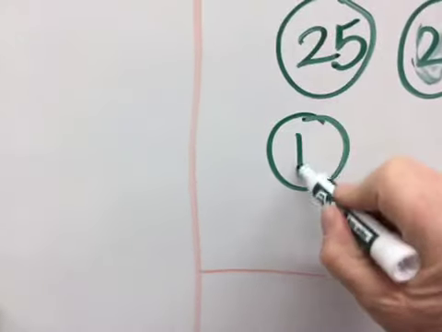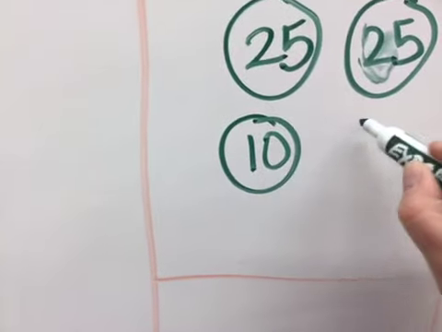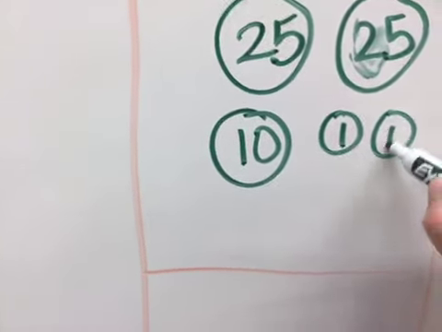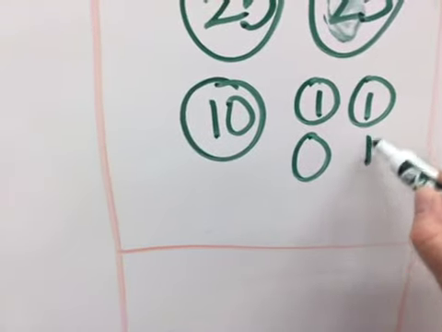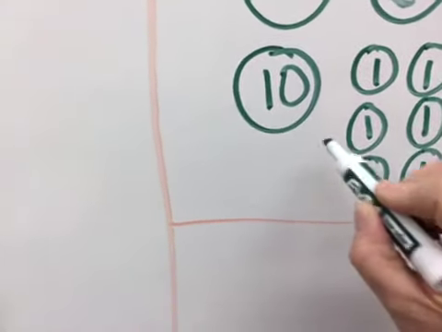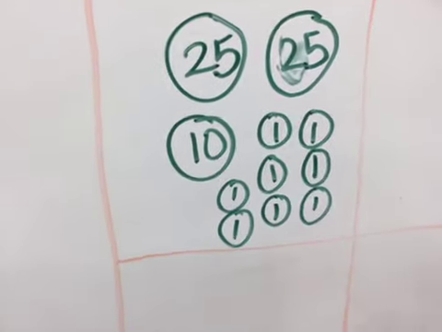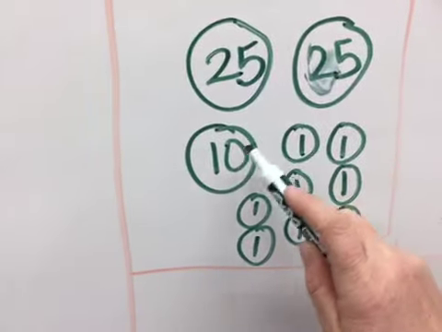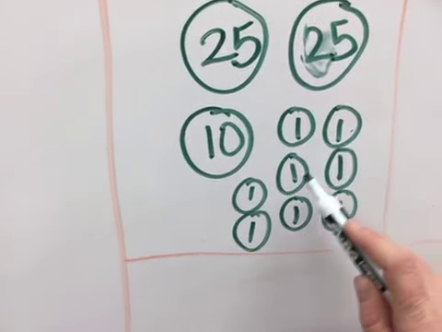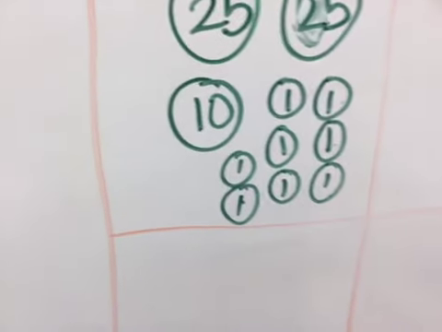If I add a dime, now I have 25, 50, 60, and I could do 8 pennies. 1, 2, 3, 4, 5, 6, 7, 8. And I have 68 cents. 25, 50, 60, 61, 62, 63, 64, 65, 66, 67, 68.